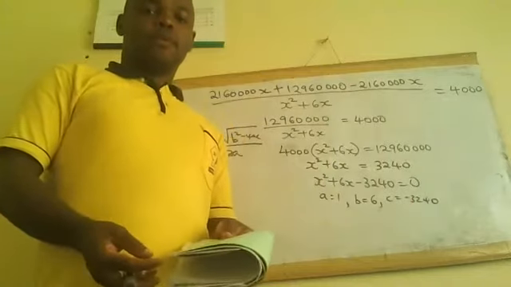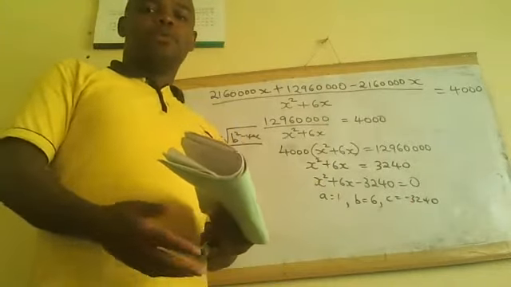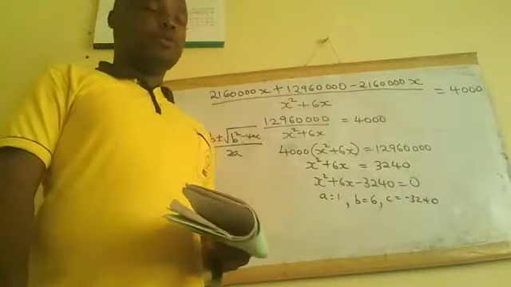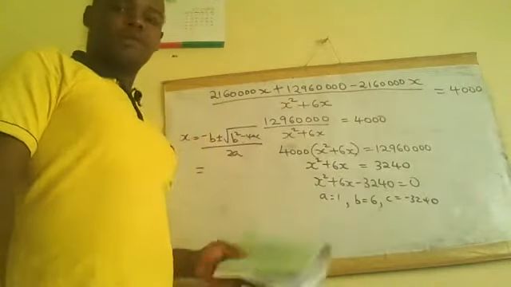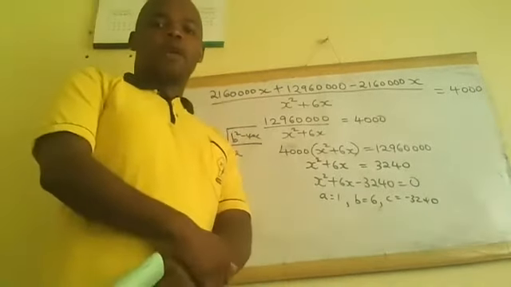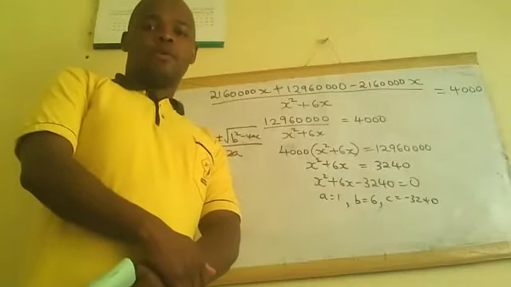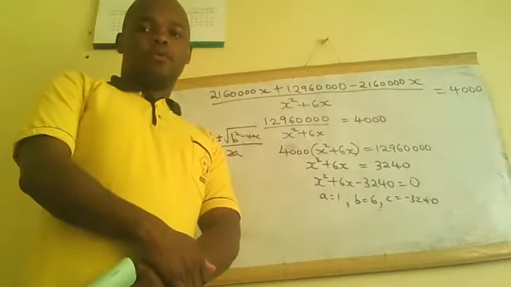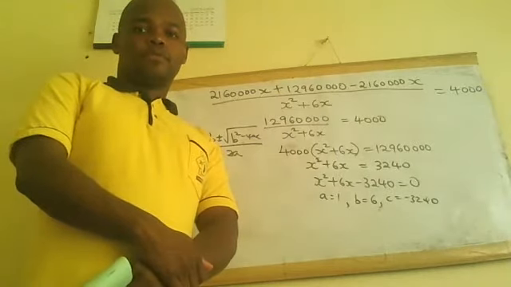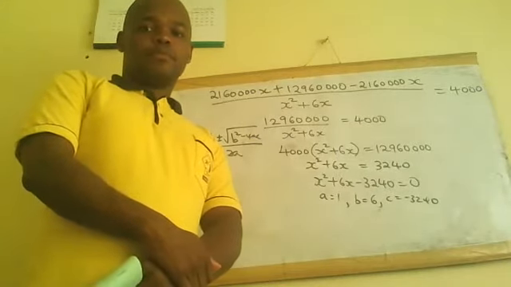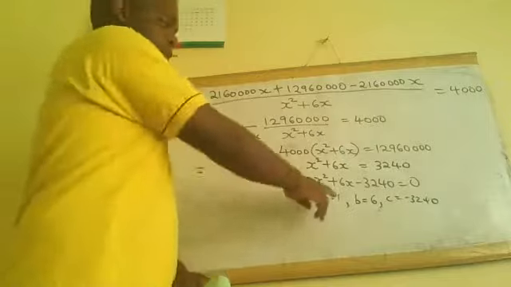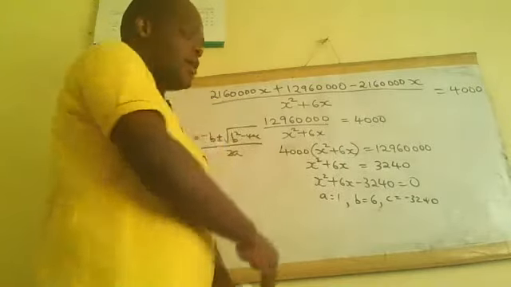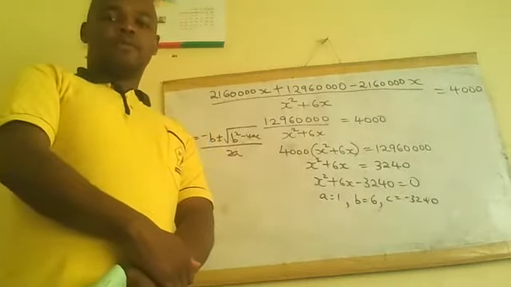So I want to see you contributing now to the answer to this question, so that we know whether we are together or I am alone. I'm waiting for the response. I'm waiting for the answer to that equation.